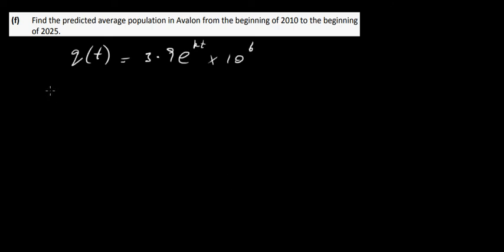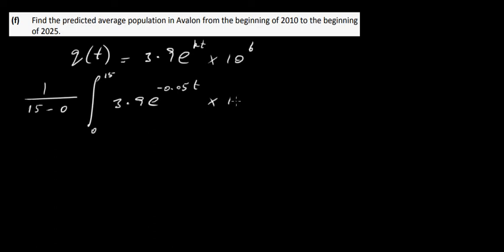So we're looking at 1 over, we're talking about 15 years here, so it's going to be 15 minus 0, and then we're going to integrate from 0 to 15, and it's the function 3.9 e to the power of kt. Now our k here, by the way, is just minus 0.05, I should have put that in here, times t by 10 to the power of 6.